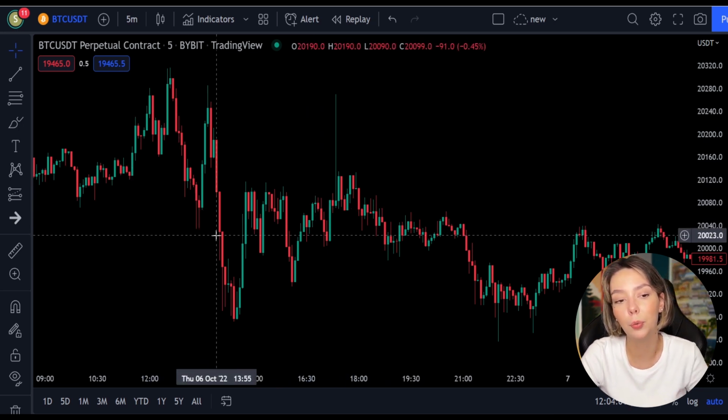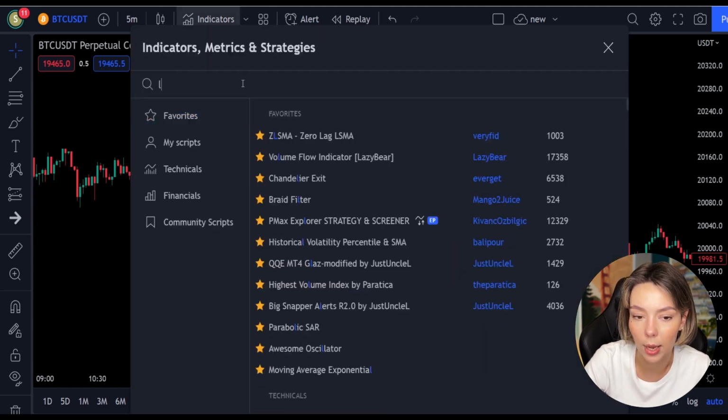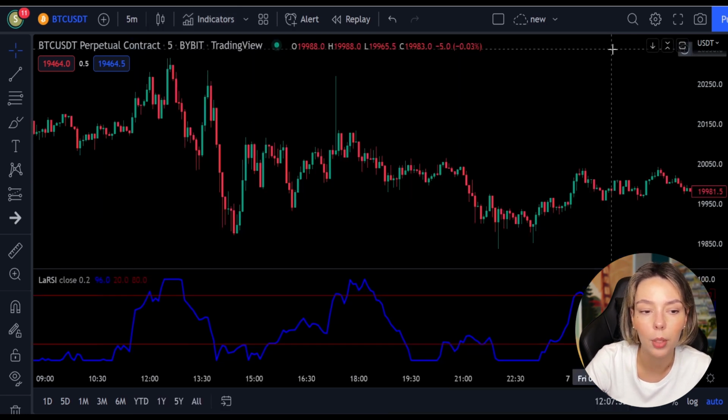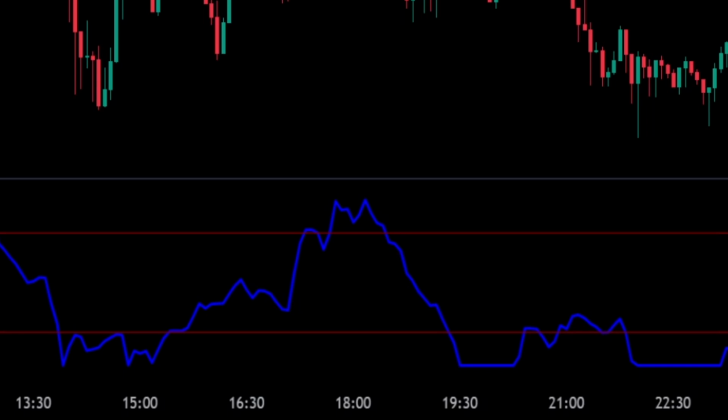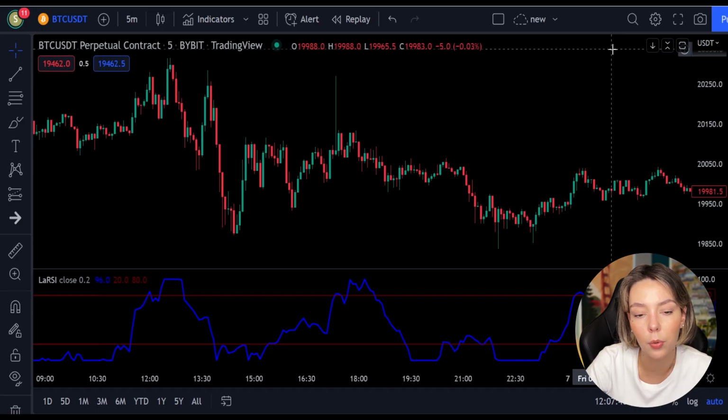So in TradingView, we will click on the Indicators tab and search Ligear RSI. We will add this one right here. We can see this indicator consists of a blue Ligear RSI line and two horizontal levels which are set at 20 and 80. The second indicator we are going to be adding is the Super Trend Plus.